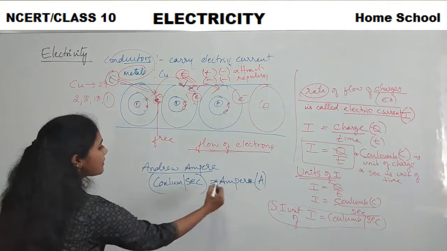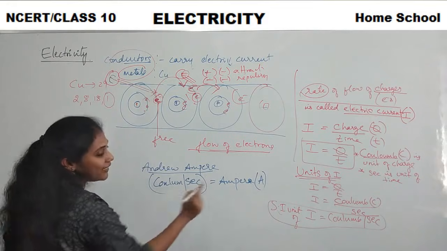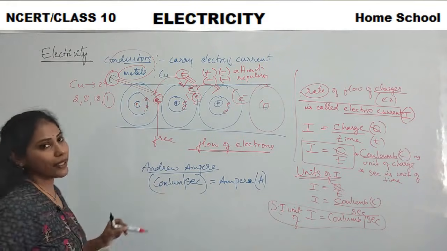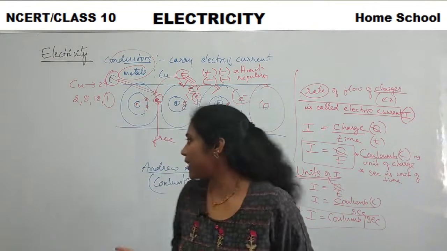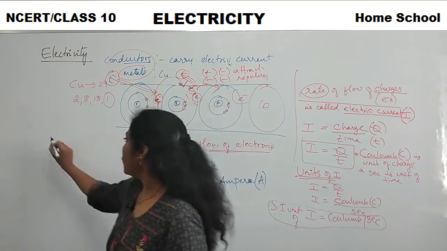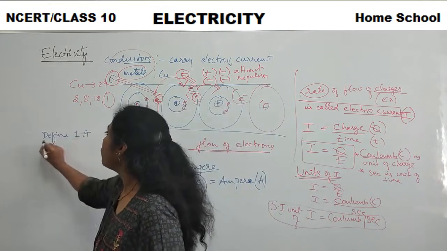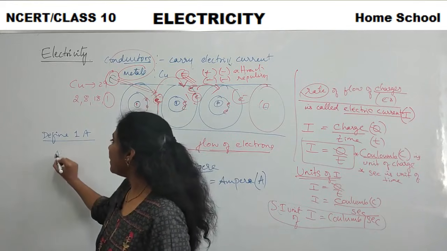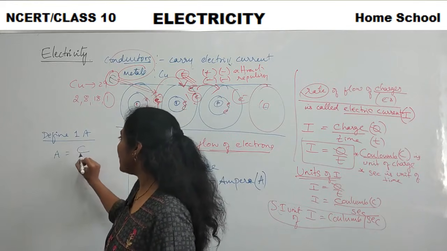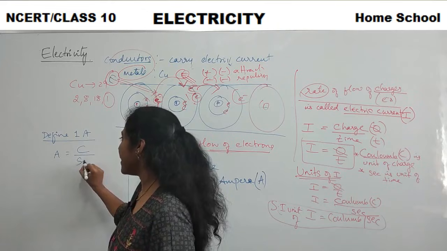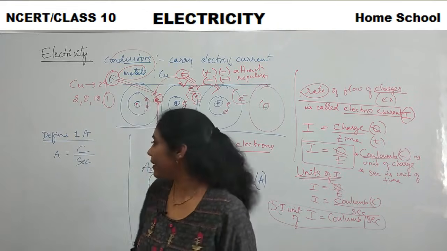So what is ampere? Can you define 1 ampere? This is a very famous question for the CBSE board examination. If I ask you to define 1 ampere, how do you do it? See, ampere is nothing but Coulomb, capital C, divided by second, Coulomb per second, right?